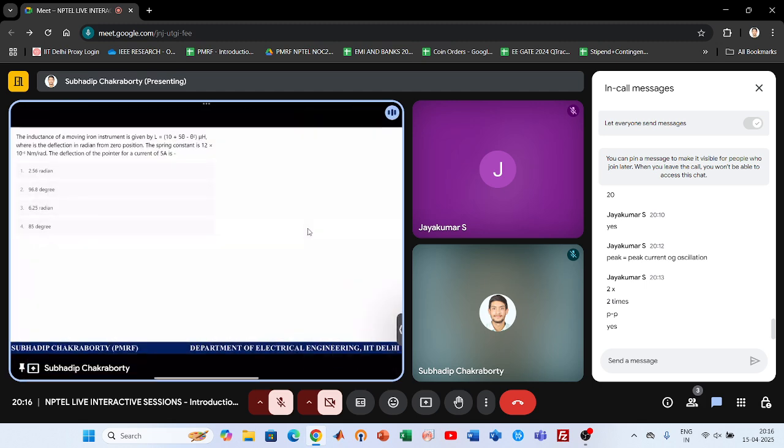Okay, so try this problem. So you know, the deflection torque in this case is half I square dL d theta, right?